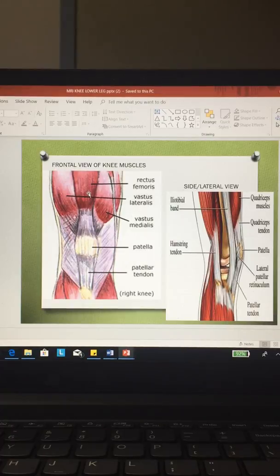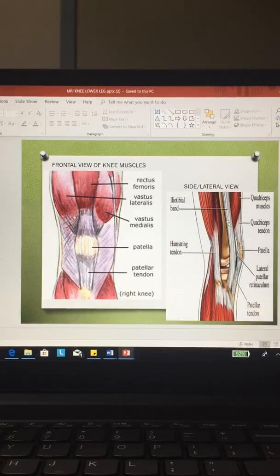If I'm looking at a lateral side view, I know this is lateral because of the IT band, remember we talked about that? It lies along the lateral aspect of your femur, right? So if I see the IT band, I know I'm looking at the lateral view, the outer side view in this sagittal plane, okay?